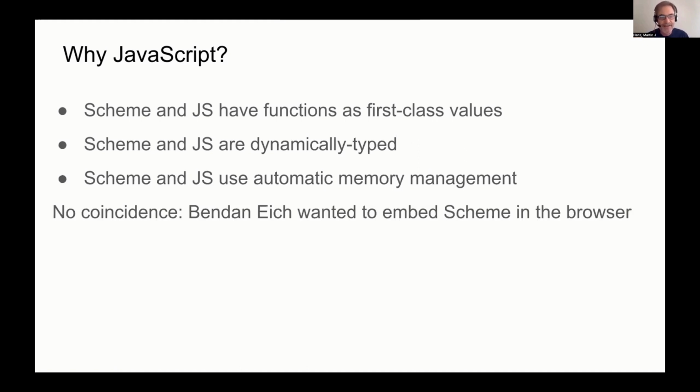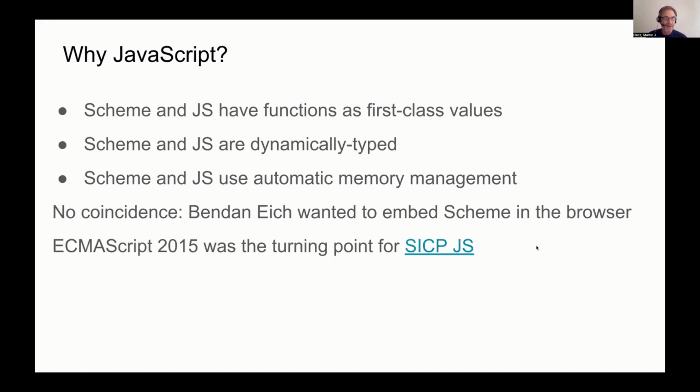This is not a coincidence. Brendan Eich, the inventor of JavaScript, wanted originally to embed Scheme in the browser when he was hired by Netscape to develop JavaScript. Well, they forced him to use Java syntax, and the rest is history. But these features he managed to establish in his browser language that he then called JavaScript.